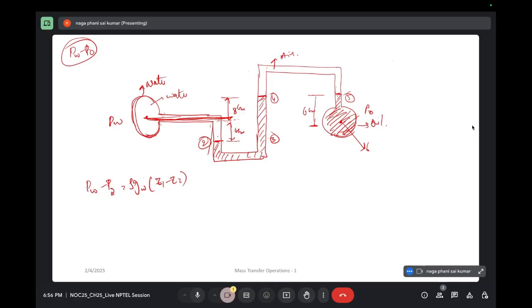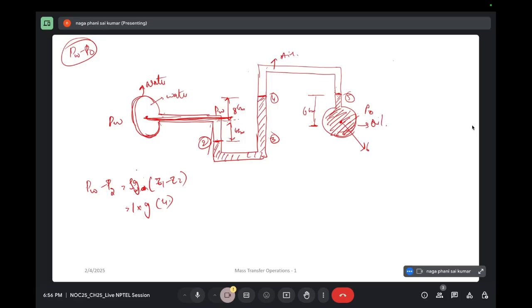So this is also PW. Now PW minus P2 will be equal to, what is the density of water? 1 into, let it be so this is rho W into G. Let it be G, and what is the height difference? Z1 minus Z2, that is 4 centimeters, right? Into 4.